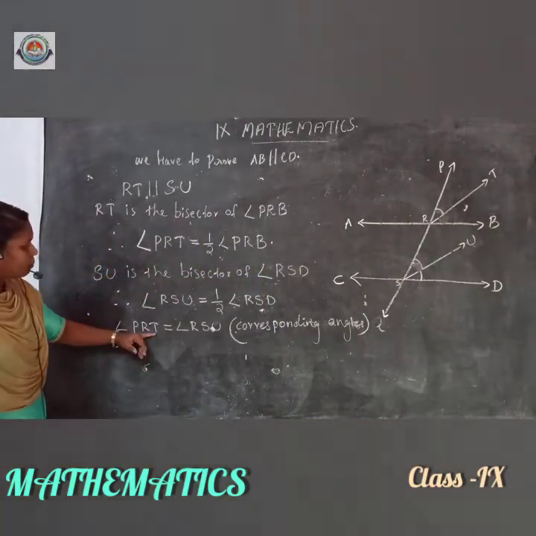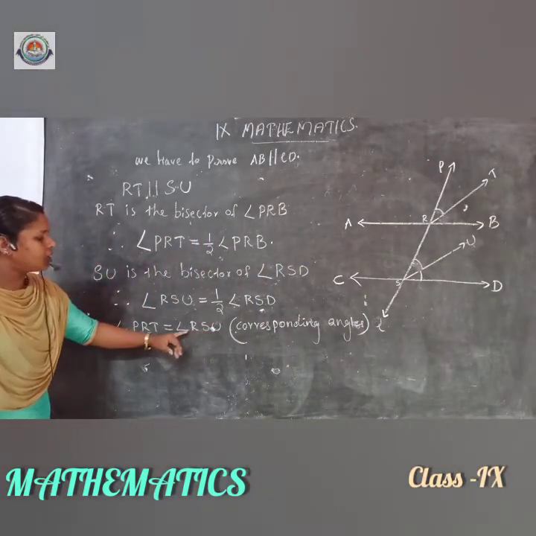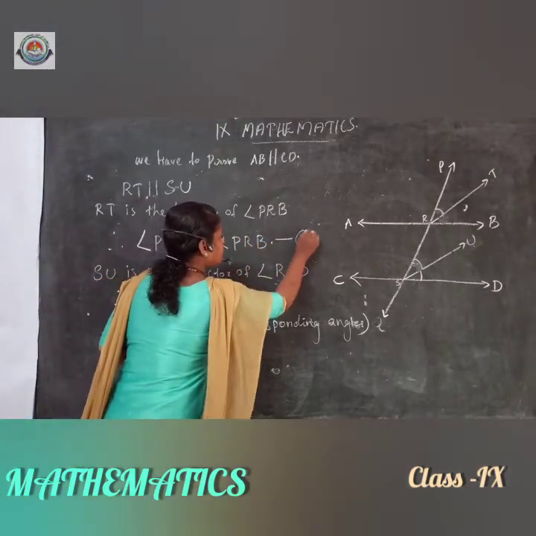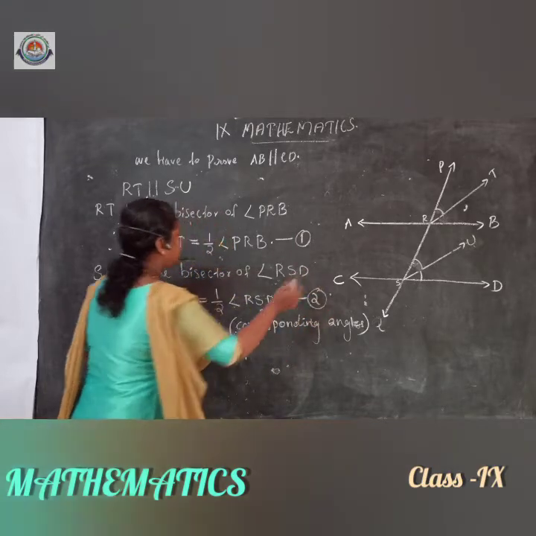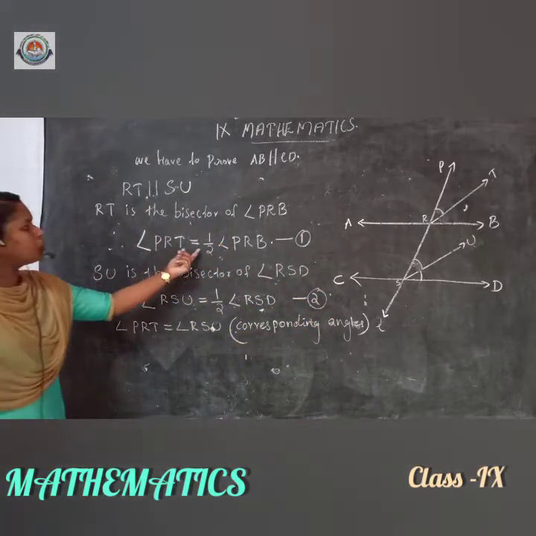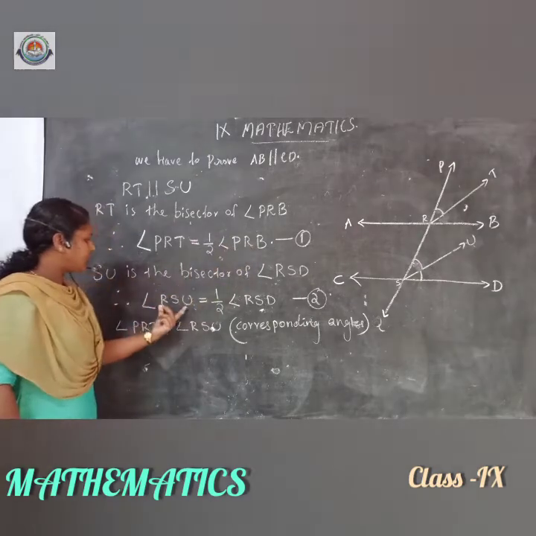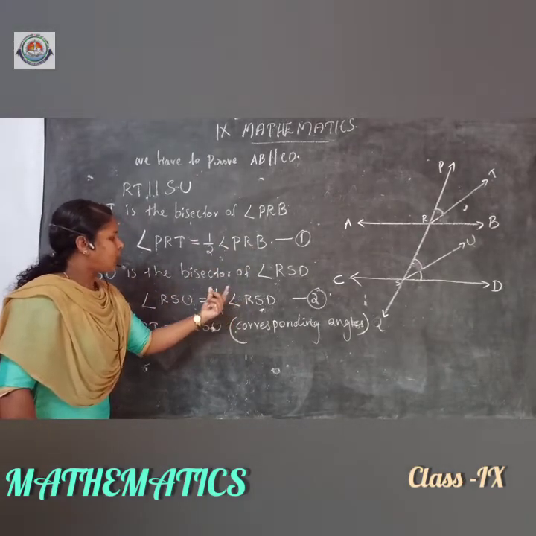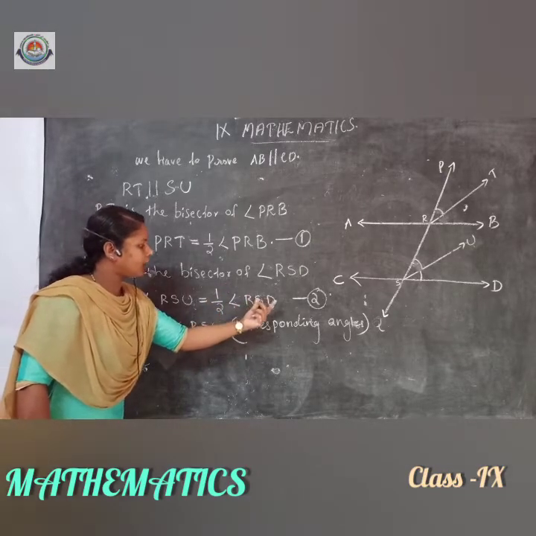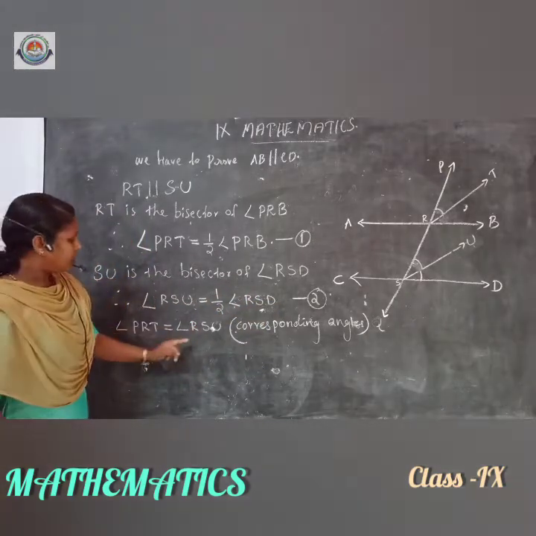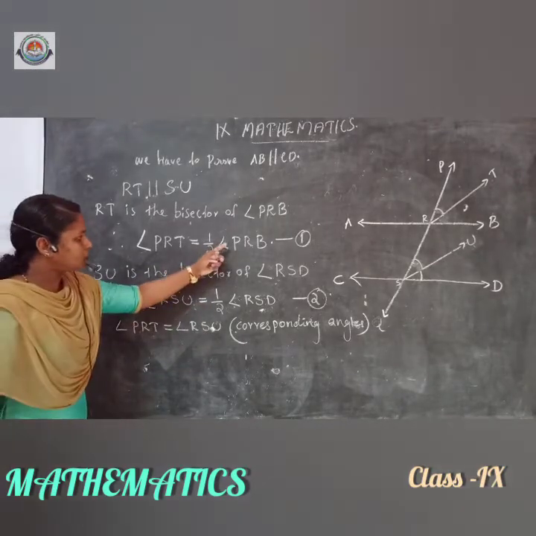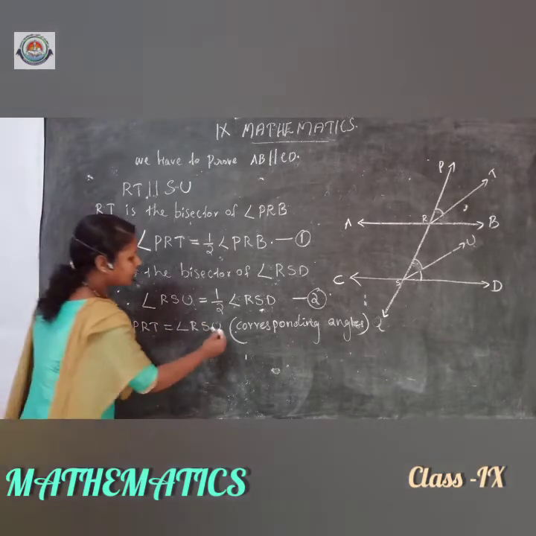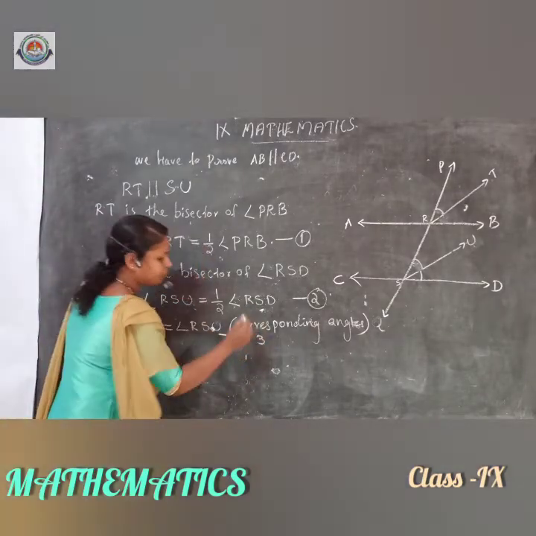If angle PRT is equal to angle RSU, from these two equations, listen, angle PRT is equal to half of angle PRB and angle RSU is equal to half of angle RSD. And we can apply these first and second equations in this one. So we can take this as equation 3.